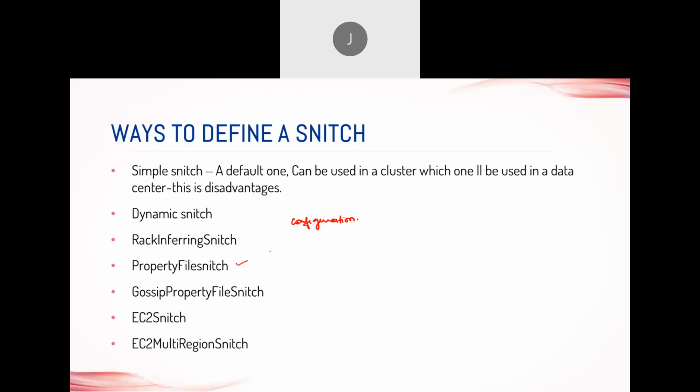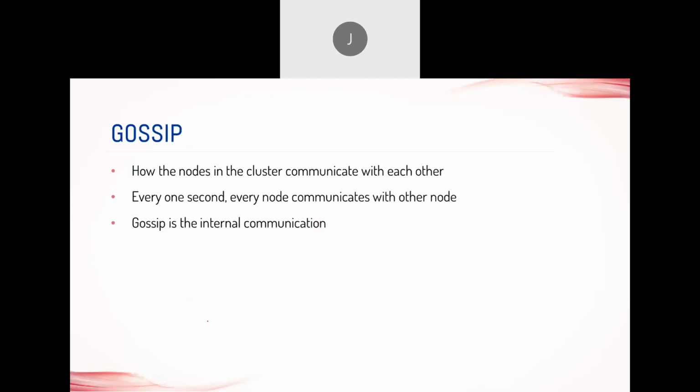Property file snitch, what it will do is it will have the IP addresses, along with where the data is present in your data center, and how many replicas there are. Like data center one, you can name the data centers, where your data is present in node 1, likewise it will have IP information and all those things. We'll see this in detail later on, but now for the architecture understanding, okay.